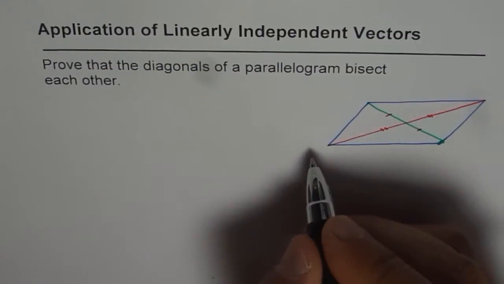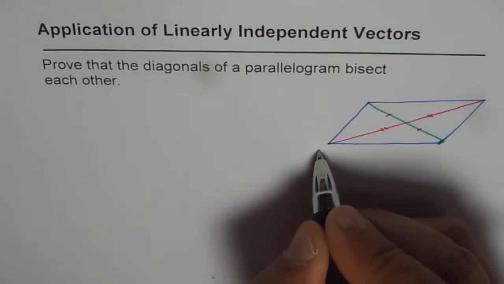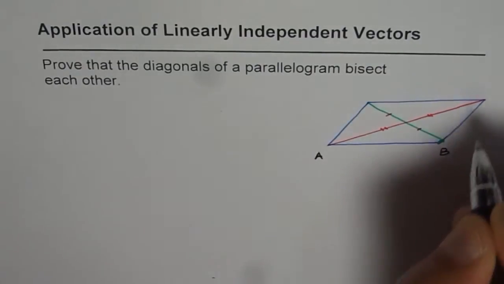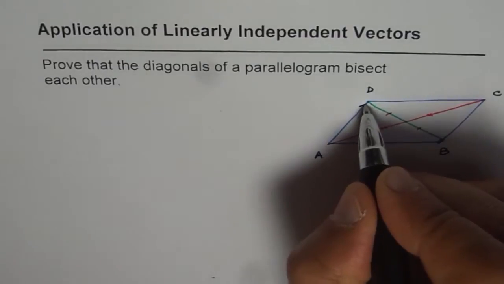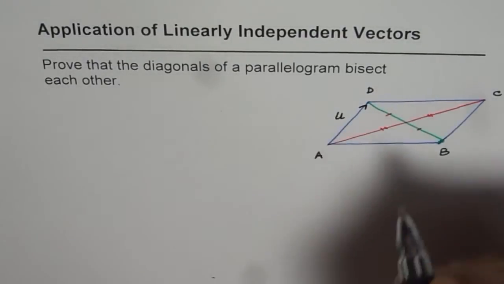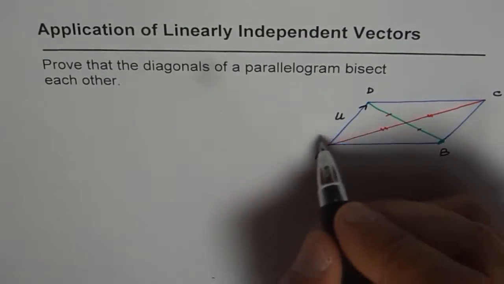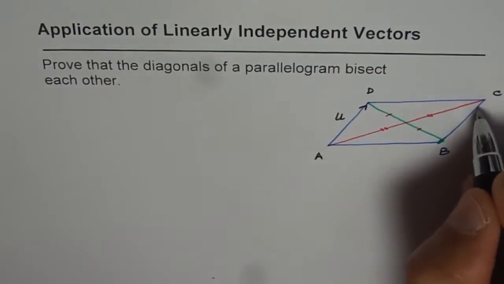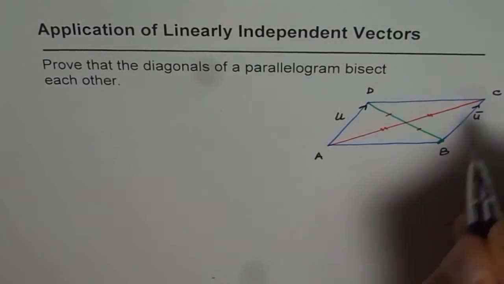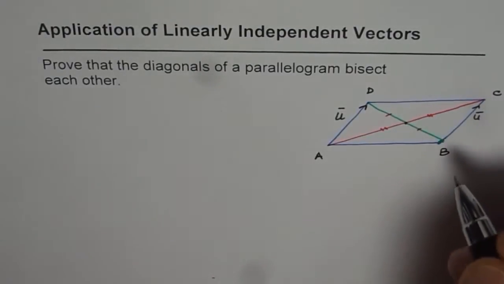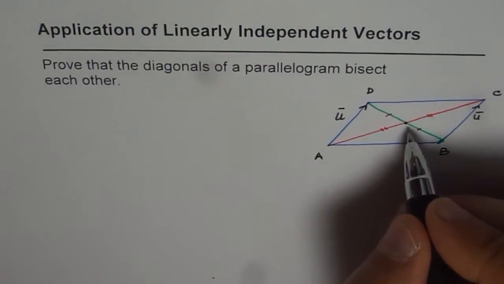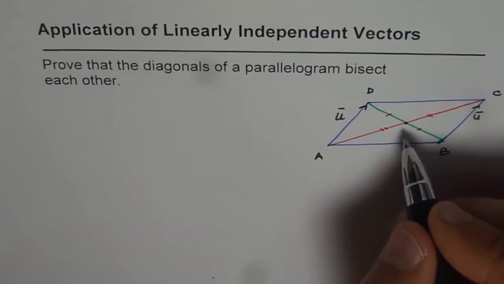Let us say that the parallelogram is ABCD, where A to D is a vector u, and if A to D is u, then B to C will also be vector u, correct? And let us assume that they don't bisect. In that case, they will be in some ratio, right?